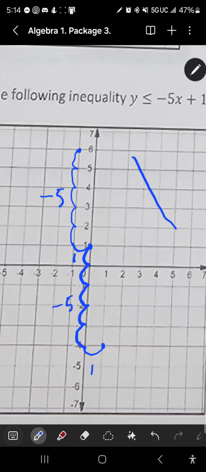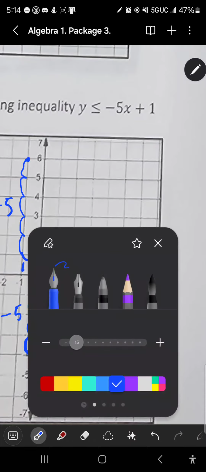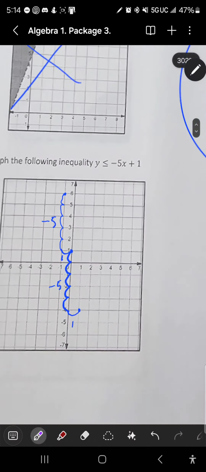Now let's see. We want a continuous line or this kind of dashed line. Right now we can see that we have an equal sign here, so we are looking for a continuous line. So let's do a continuous line. Okay, let me do it better.